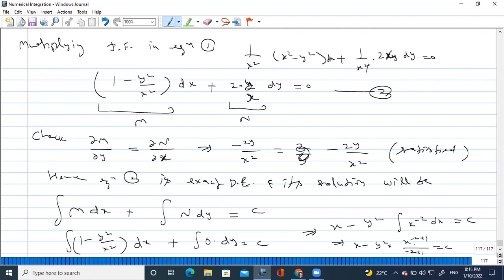Okay, so note down this. It is x, and 1 upon x, you can say, or minus minus will become plus, so x minus y square by x. Yes, so the solution will become x minus y square by x is equal to c. So this is the solution. In whatever form they want, you can convert it.